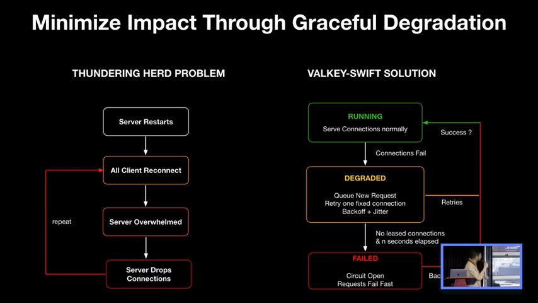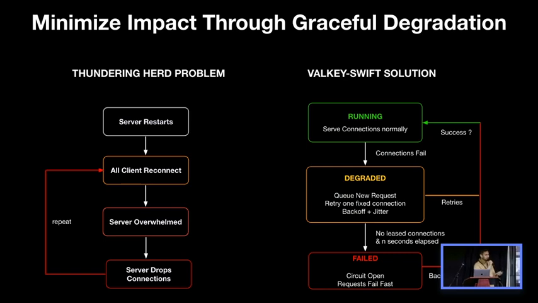Previous speakers have alluded to it. So let's see how we solve this problem in Valkey-Swift. In Valkey-Swift, when the connections start to fail in the connection pool, the pool moves to a degraded state. In this degraded state, we exercise caution. So we don't run the new incoming requests. We start queuing them.